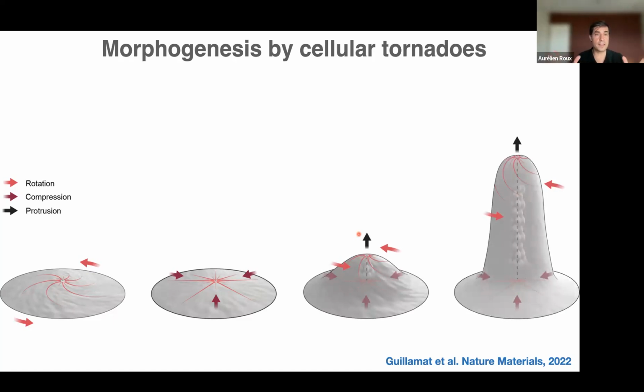So we think it's a very simple mechanism of morphogenesis, combining proliferation and order, and of course motility and contractility.